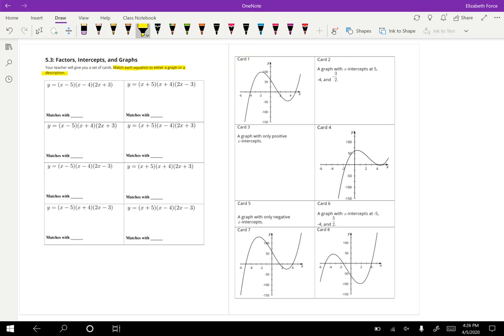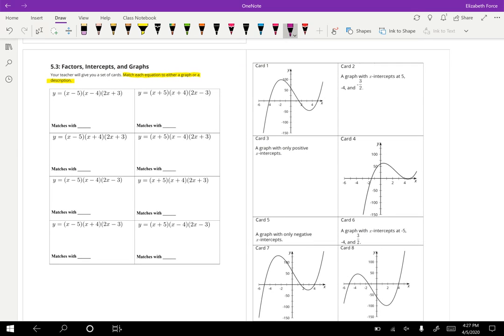So I basically just took the cards and I moved them up to the right of your screen, and here are all the equations on the left of the screen. One of the biggest things we need to remember from Unit 7 with all of our quadratics, and particularly in this unit on polynomials, is that anytime you are finding the zeros, you are also finding the x-intercepts.